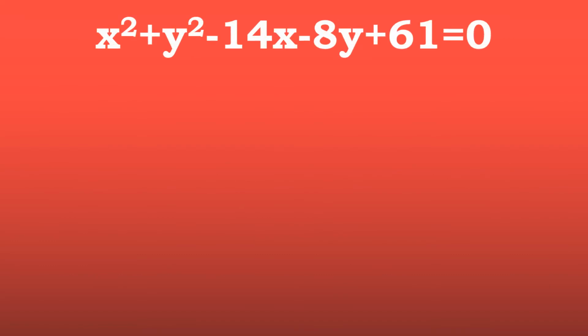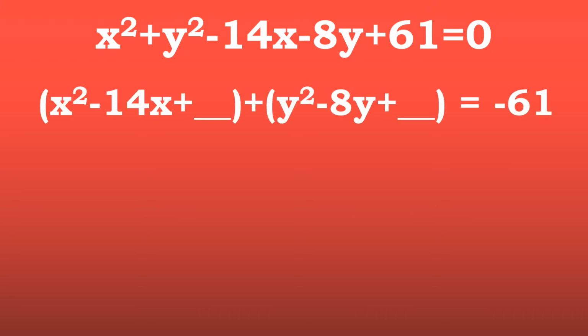Practice number 2. General equation natin is x squared plus y squared minus 14x minus 8y plus 61 is equal to 0. Combine nyo lahat ng may x, combine lahat ng may y, and transpose si positive 61. Sunod, lahat ng i-add natin dun sa blank ay i-add doon sa negative 61.